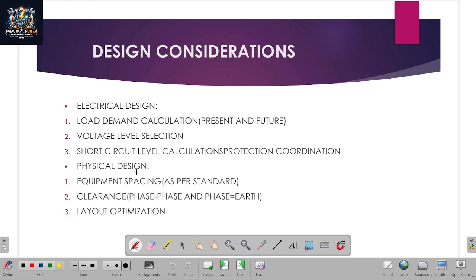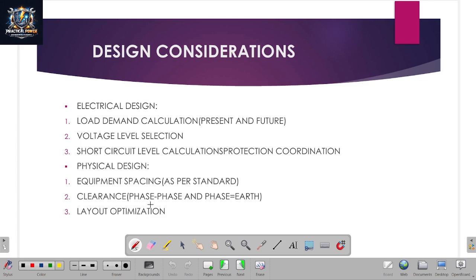Then the physical part, the equipment spacing, how the equipment will be spaced as per standard. That means there must be some spacing between equipments as per standard, and clearance, phase-to-phase clearance must be maintained, which is also a standard, and phase to earth should be maintained, and layout optimization.